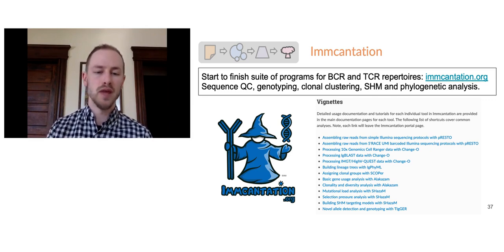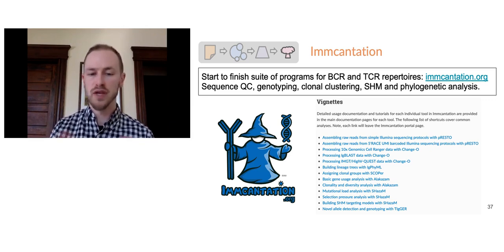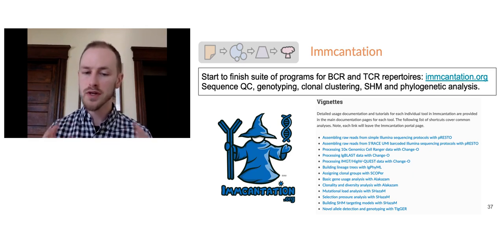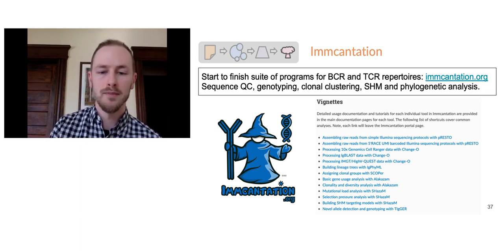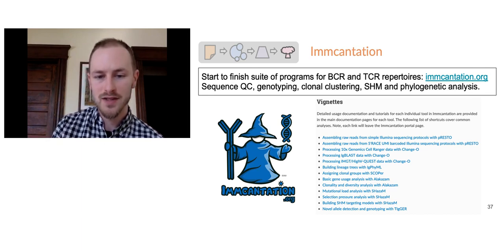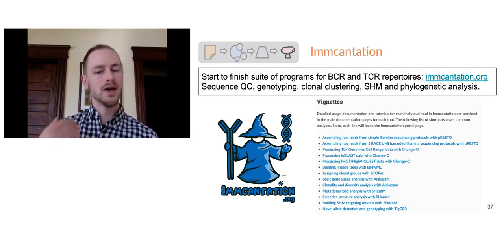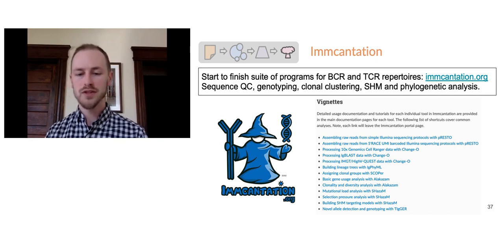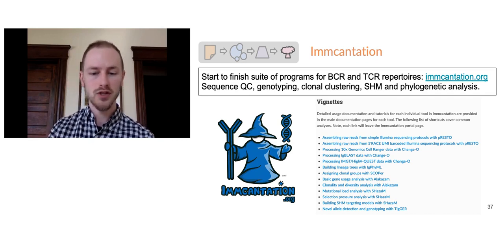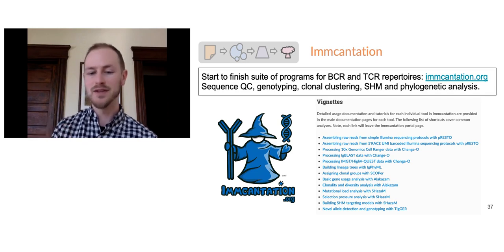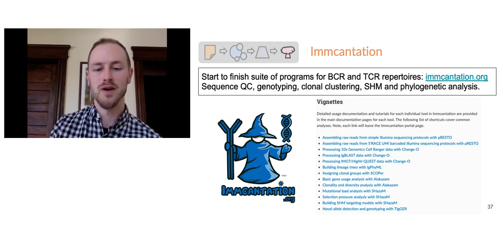We also maintain multiple beginners tutorials. So if you're looking to get started with Immcantation, there are a lot of resources on our site. This screenshot in the center is a sample of some of the vignettes we have for using Immcantation. So if there's something you want to do with BCR sequences, there's a good chance you can do it in Immcantation, and that we've listed at least something on our website for how to do it.